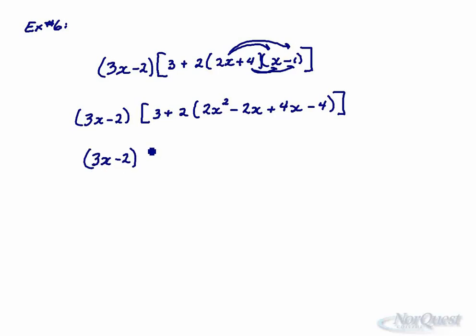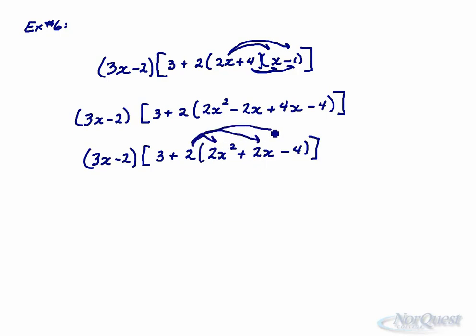3x minus 2 bracket 3 plus 2, and I've got to distribute into that simplified polynomial. Collect like terms. I get 2x squared plus 2x minus 4. And now I've got to do distributive law again. Now I distribute the 2 through that trinomial.